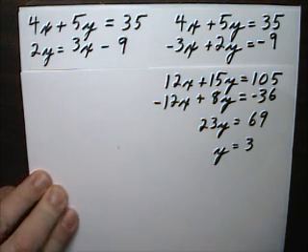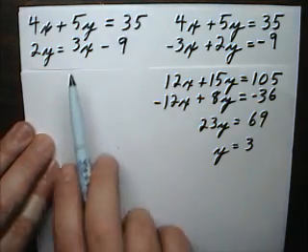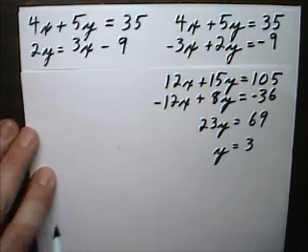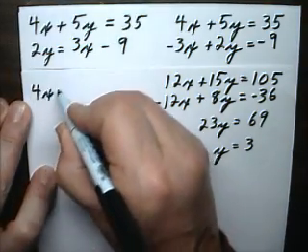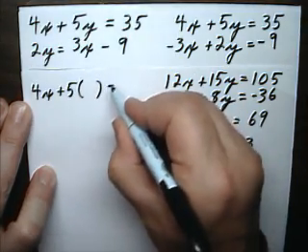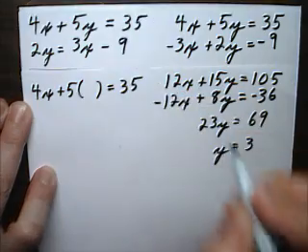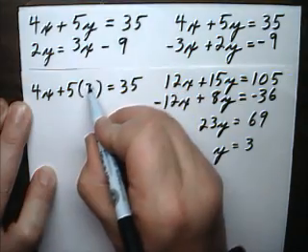So I can use either one of these two original equations. I'll use the top one, get it set up for substituting in for y, and left empty parentheses for my y.